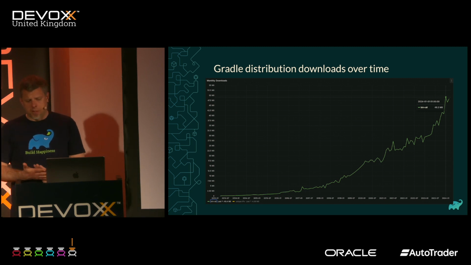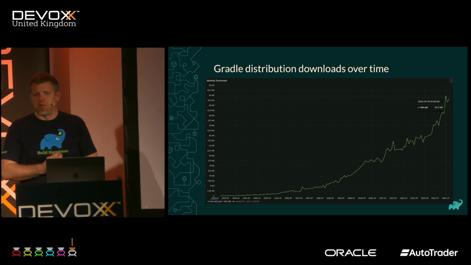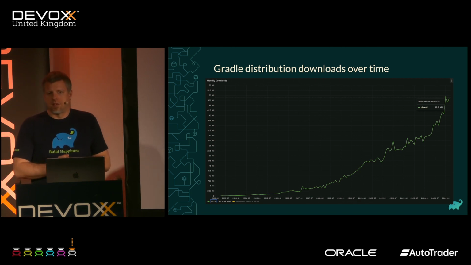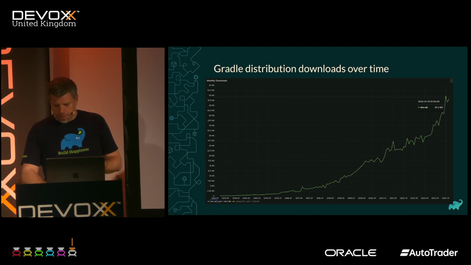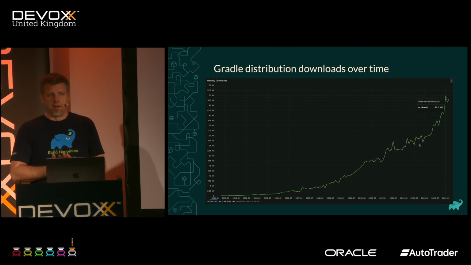So I said I would go back to the downloads over time. 49 million is a pretty good number, for an open source project. But it's a vanity number, right? I'm not sure it's fully visible, but effectively a year ago, we were at 30 million. So we've done almost plus 20 in a year. This is crazy. And these are not humans downloading Gradle.